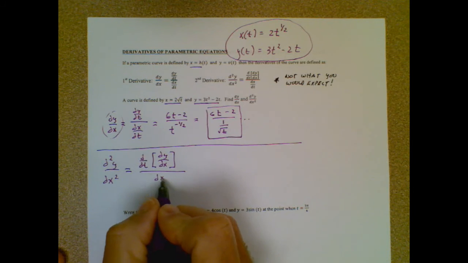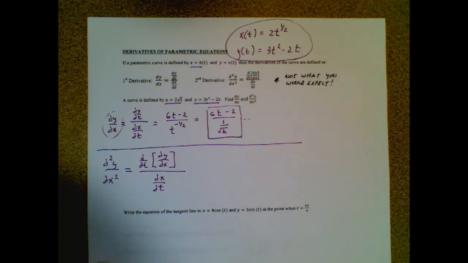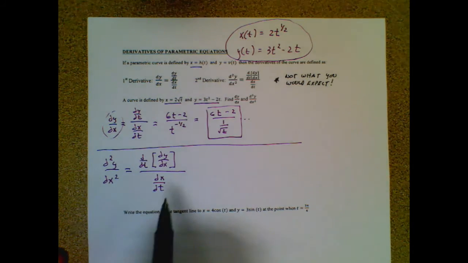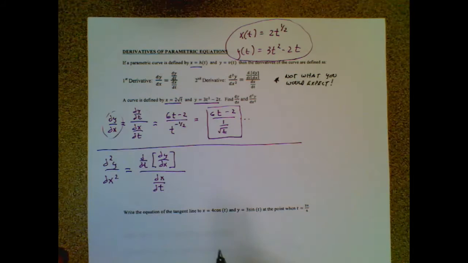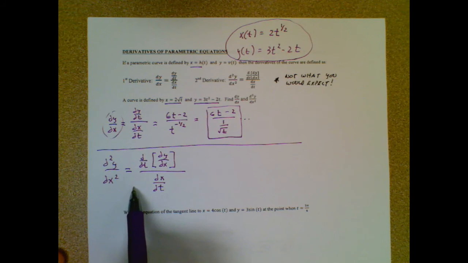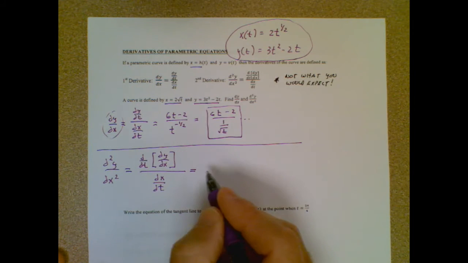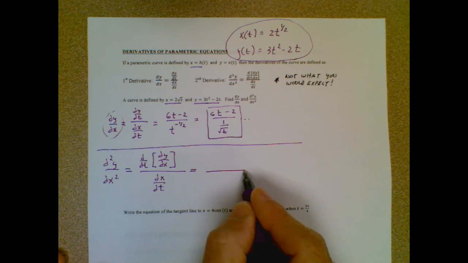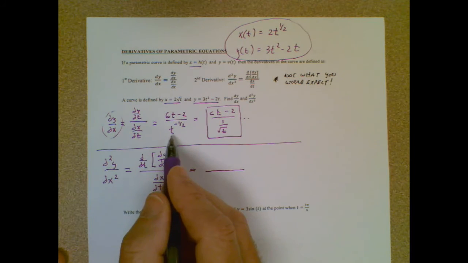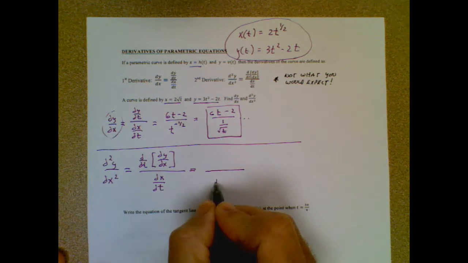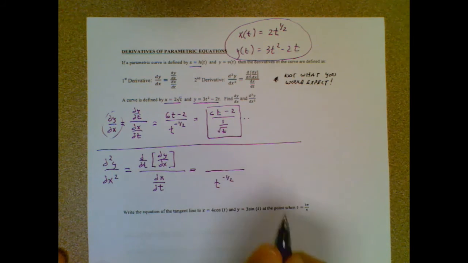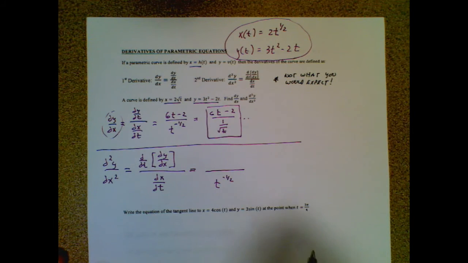And in the denominator, don't overthink it, just put down a dx/dt, which is also something that you already have. So the second derivative is going to be something very related to the work that you've done in your first derivative. Kind of makes sense that way. So I know my denominator is going to be dx/dt. Well, I've already done that, so I'm just going to recopy that. So there's really no work to do in the denominator of the second derivative.